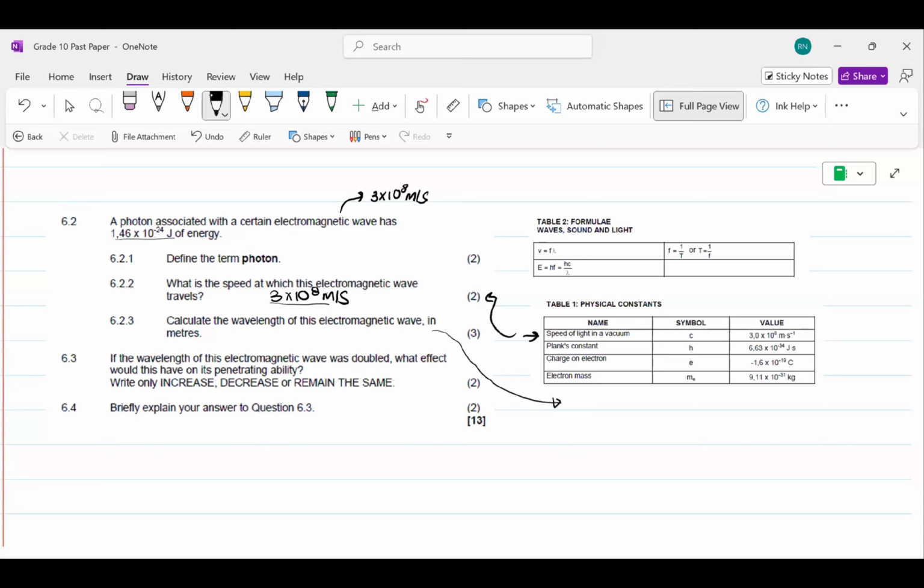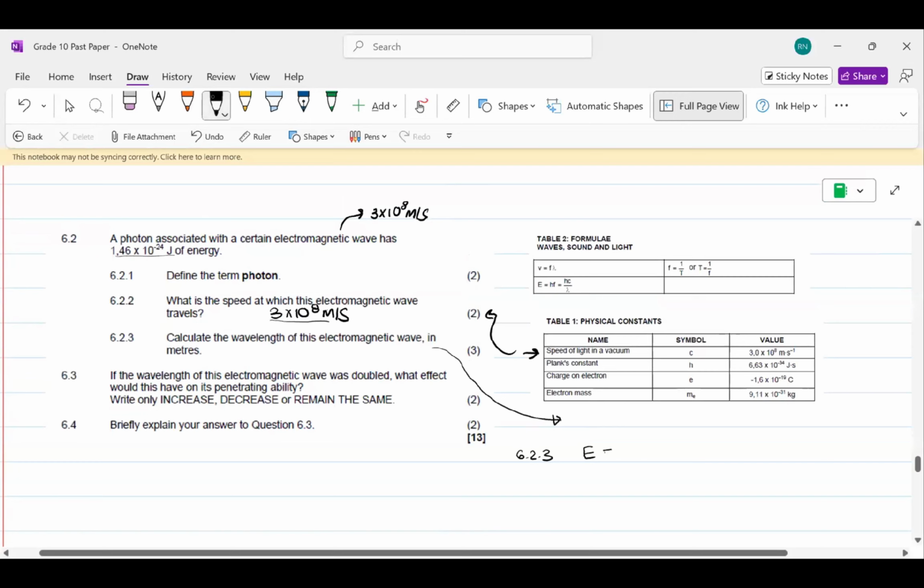So before we used our wave speed, which was v equals frequency times wavelength. Here we're going to use the other one, which is, on 6.2.3, E equals Planck's constant multiplied by the speed over the wavelength.